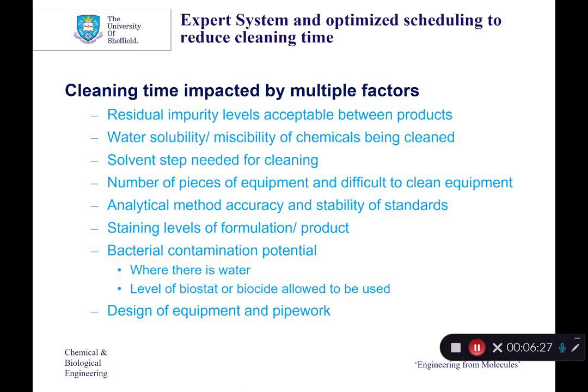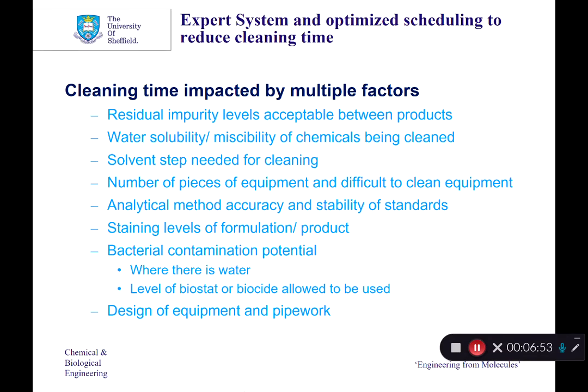From what I've seen, the analytical method might need to be accurate down to 0.1 parts per million, and often GC methods are only accurate to 3%, and so your standard analytical method that you use for your product quality is often not the same method that you need for cleaning.